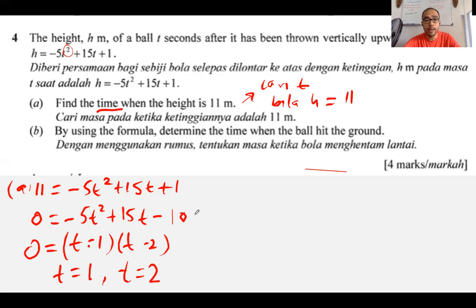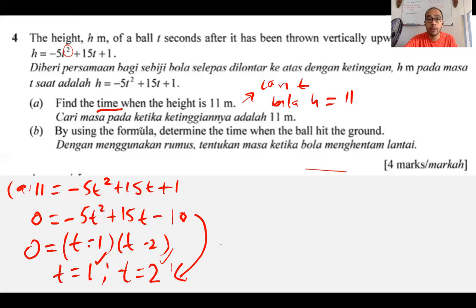Just a reminder, up to here you can use EQN, but this step you must show, especially in Paper 2. If it's Paper 1, you don't have to show, because as I said, Paper 1 is an objective paper, so the answer is the important one. Each one is one mark.